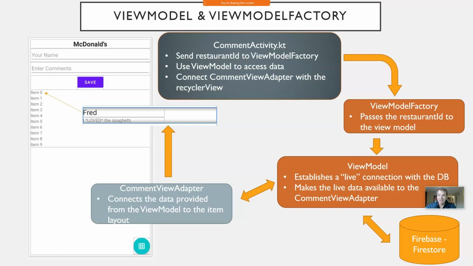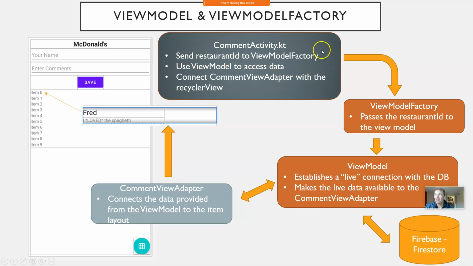It likes to get its information from an extension of the view model factory class. So that's where we had to create our own custom view model factory to allow us to get the restaurant ID and pass it into our view model. I didn't design it. That's how they designed it. So we have to live within their framework.